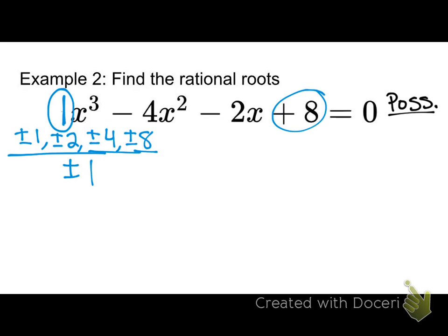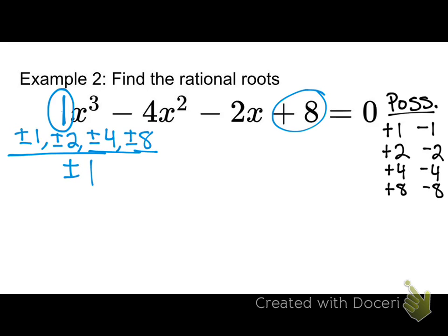Because any of these over 1 is just going to be that number. Sometimes it's possible that we would have another number up there, which we'll see soon, or another number down there. But for now, we've got positive 1 or negative 1, positive 2 or negative 2, positive 4, negative 4, positive 8, negative 8.